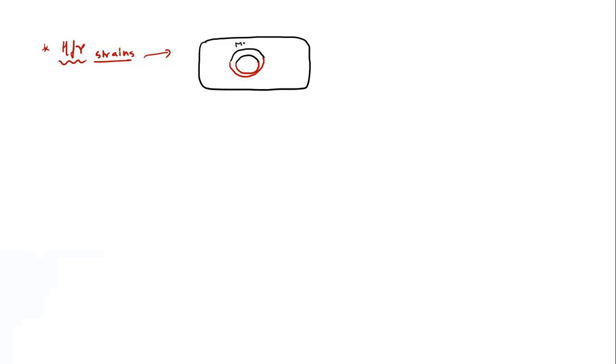So this is your main chromosome, but in the main chromosome, a part of the F factor gets integrated. So the F factor is not a separate plasmid now.